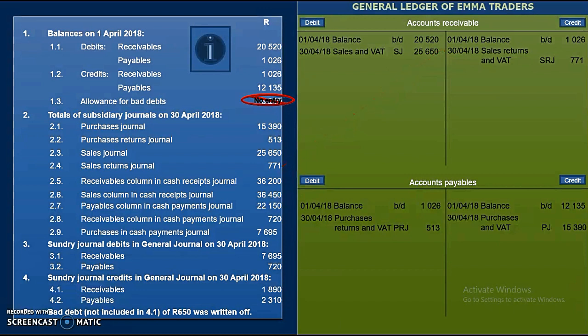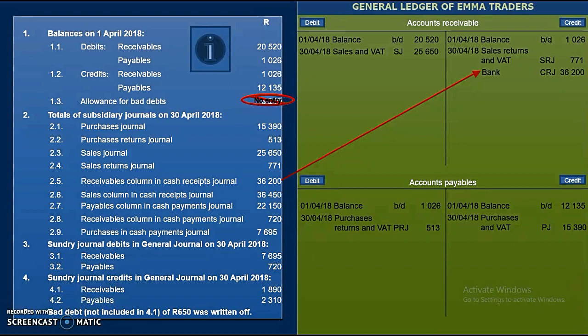The receivables column in the cash receipts journal will be the total amount received from accounts receivable or debtors. There's therefore a decrease in the amount owed by them, and therefore it should be recorded on the credit side of accounts receivable.